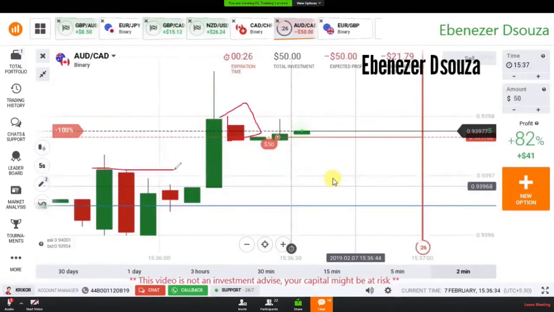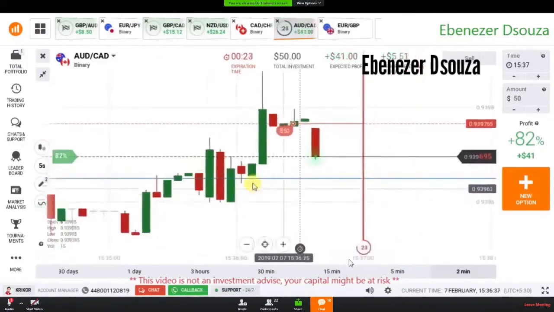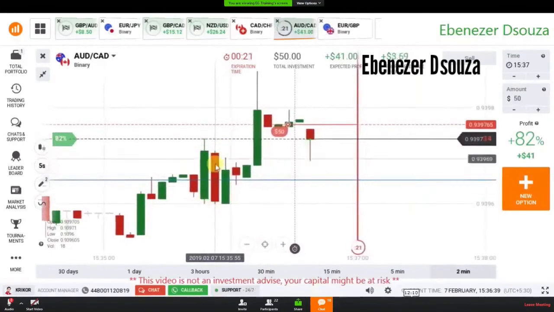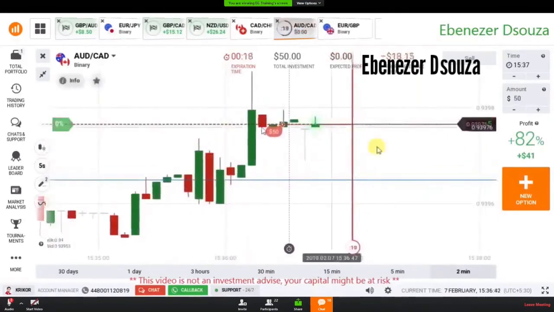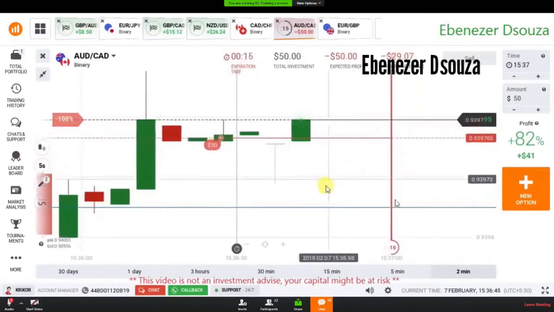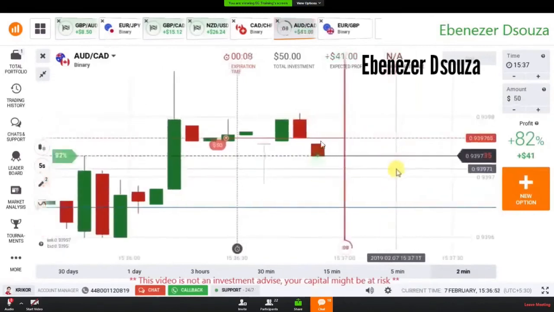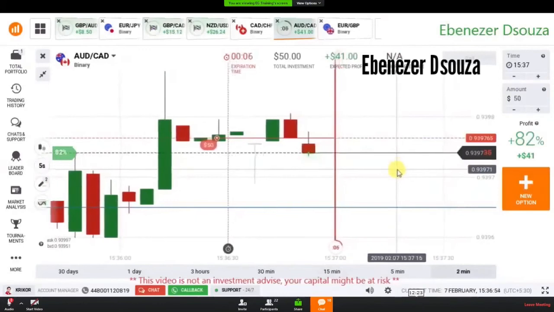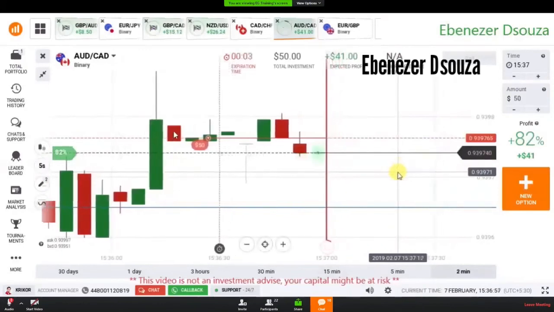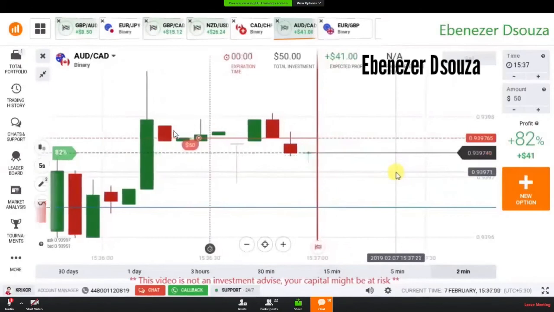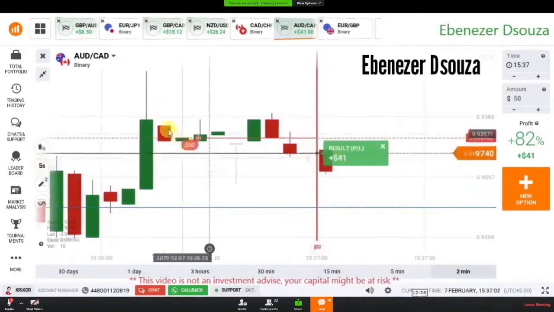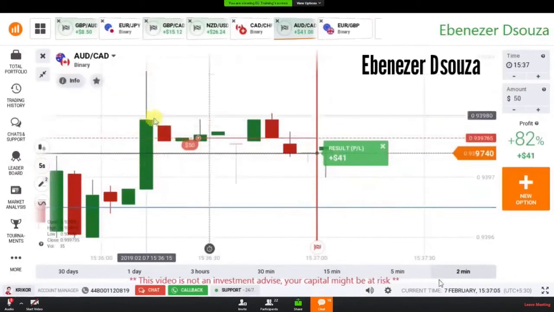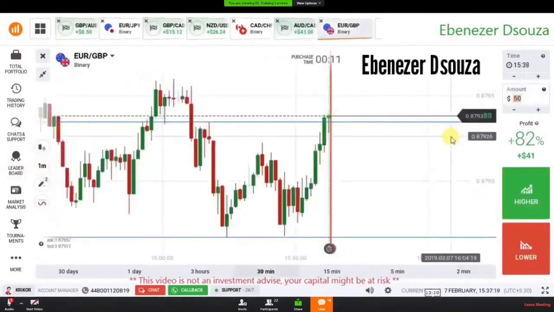This is a breakout candlestick, and I placed my trade with this rejection without seeing the confirmation candle because I didn't have any time to decide. I had only 6 seconds to decide that. That's why I placed my trade directly because of this rejection. But I won this trade. Okay, this is not a good confirmation candle. You can't place your trade with this confirmation candle. But I placed my trade after breakout here.